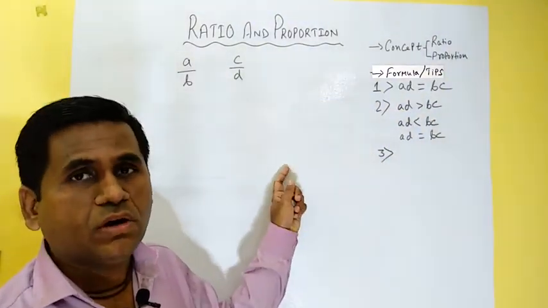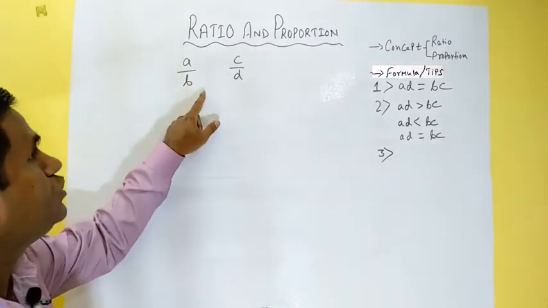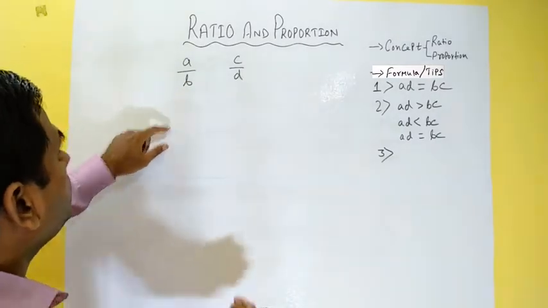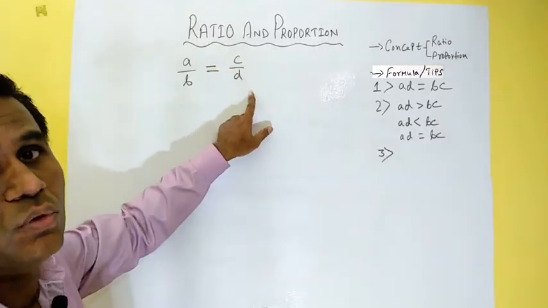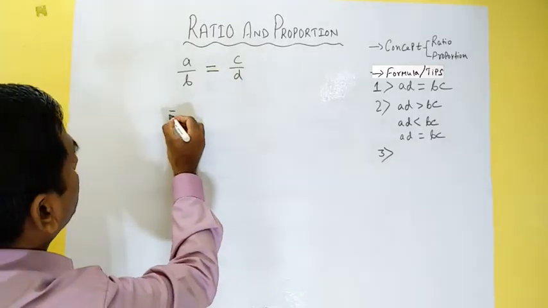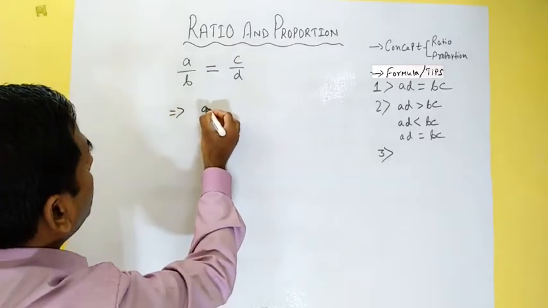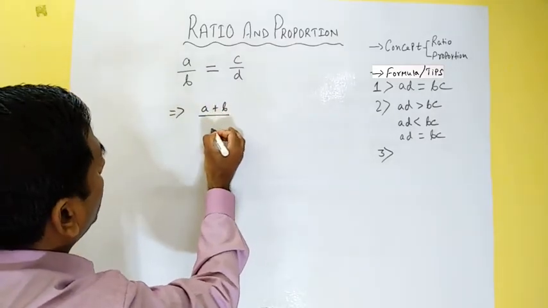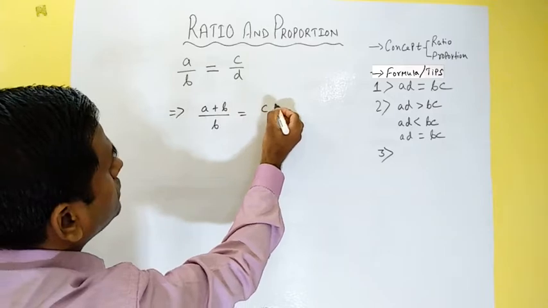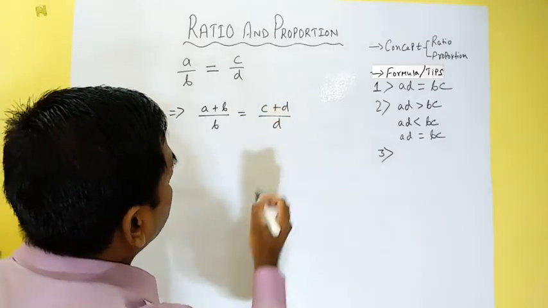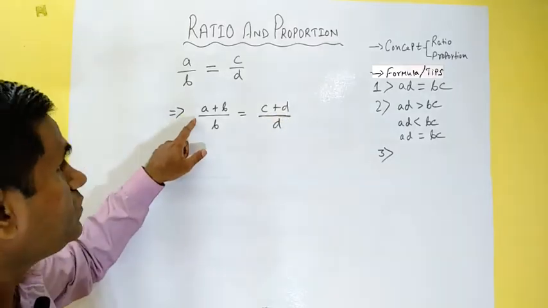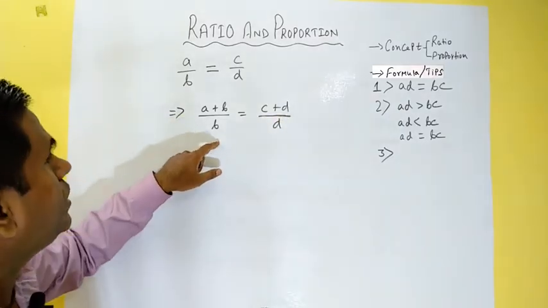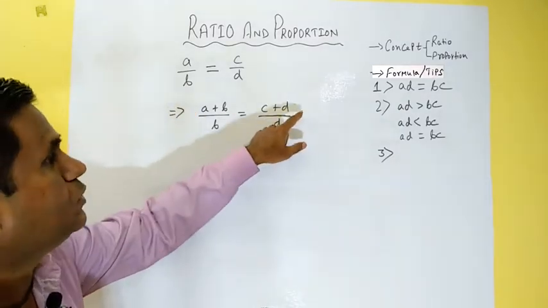So friends, in our third formula we will be seeing, suppose you have a ratio here, A upon B is equal to, or proportion to, C upon D, it's given. So we can also write it as A plus B upon B is equal to C plus D upon D. So what we are doing here is, we are adding the denominator to the numerator, both sides.